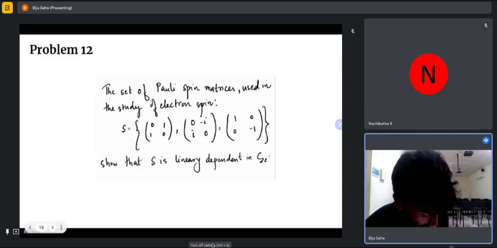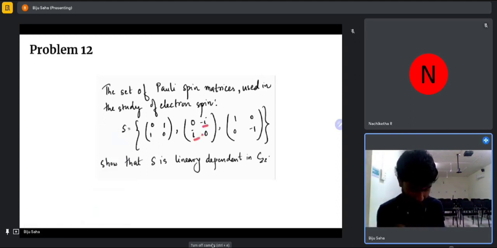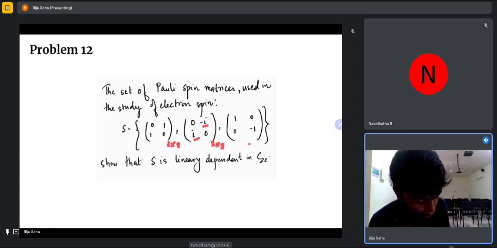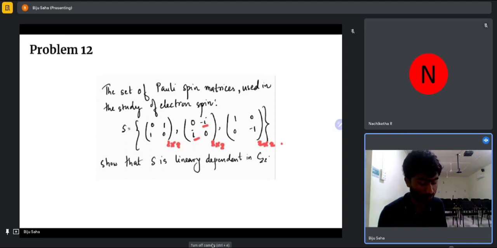Now obviously there is an i appearing in this matrix element. So they are matrices of order 2 cross 2, all of them are 2 cross 2, and they are in the complex plane.